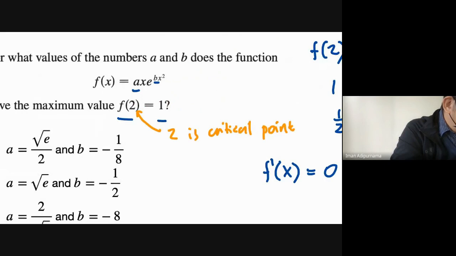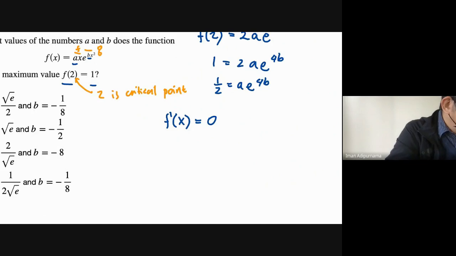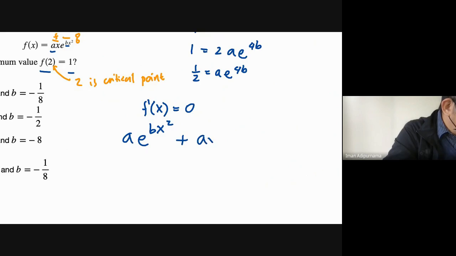If you have this is f, this is g, we can find f prime: a e^(bx squared) plus ax times 2bx e^(bx squared).